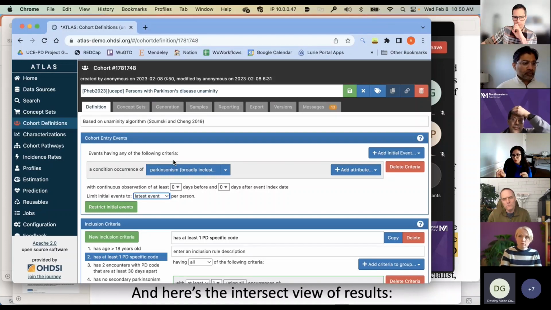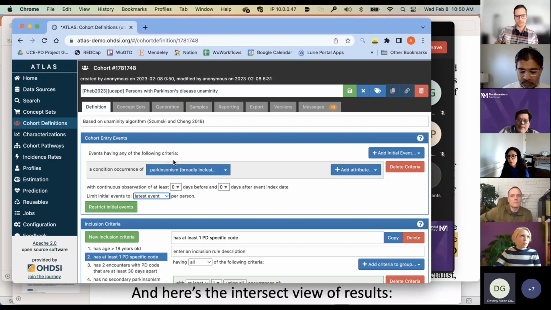There are always three columns: an ID, a start date, and an end date. And all that happens is that the start date, once we apply this, will reflect the last time the person came in with Parkinson's disease. That's what that start date means. Right, that is the case.